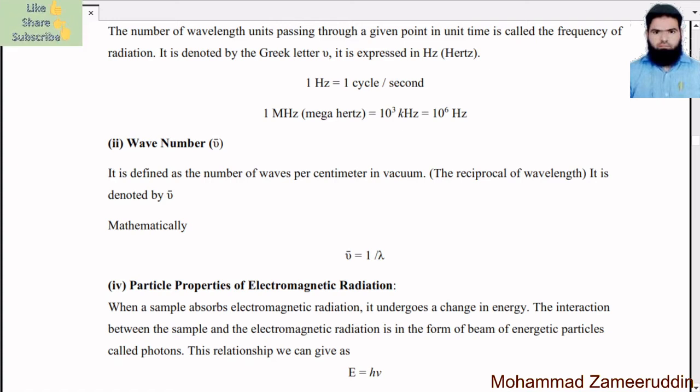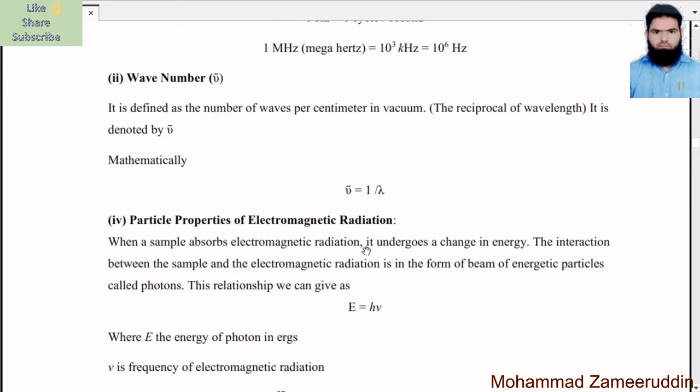If the wavelength is larger, fewer waves fit, so the wave number will be less. So wave number and wavelength are inversely proportional. Mathematically, the wave number is the reciprocal of the wavelength.